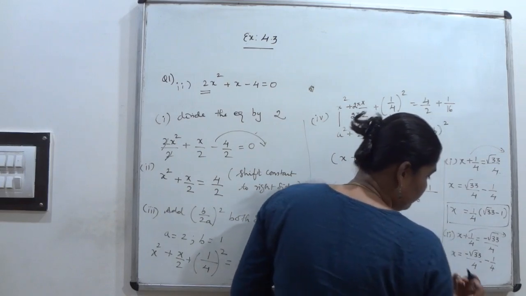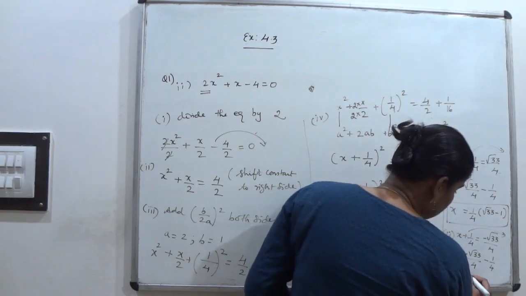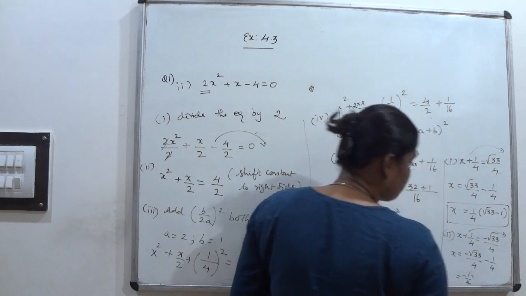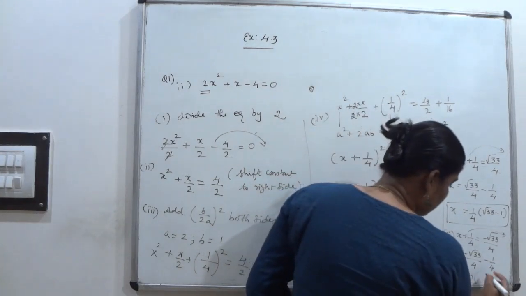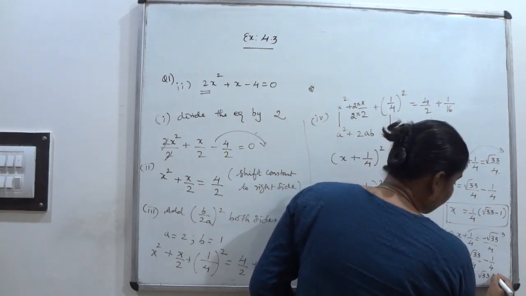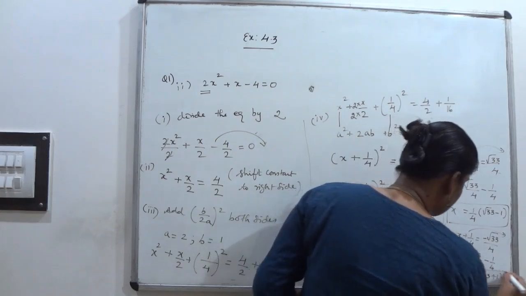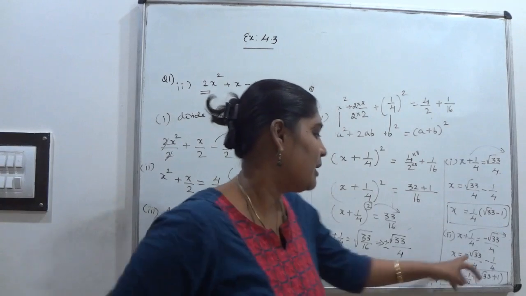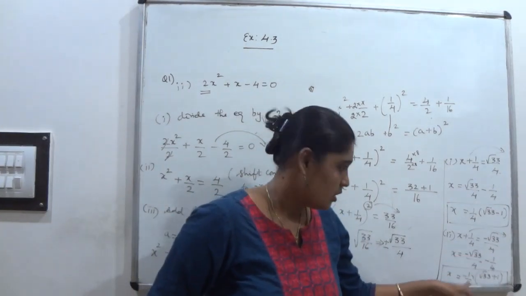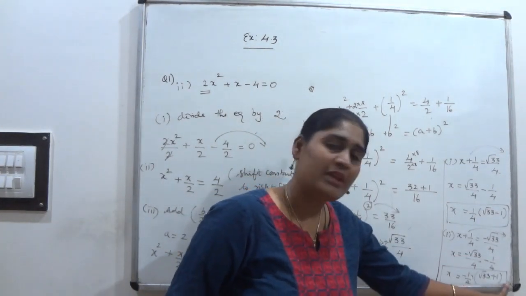Denominators are equal, so that I can write it minus 1 by 4. If you have taken out, what is left over? Root 33 plus 1, which is equal to x. If we have taken the minus 1 by 4 out, root 33 plus 1 will be left over.